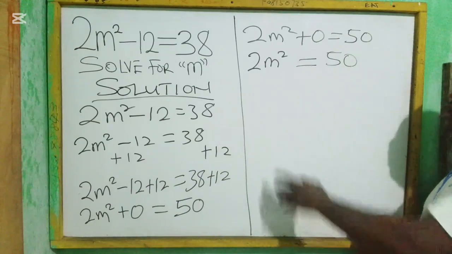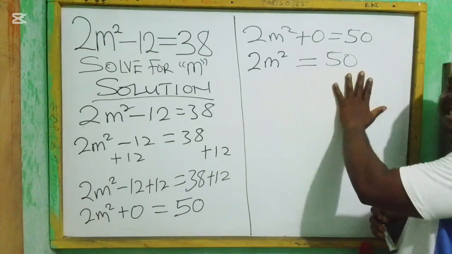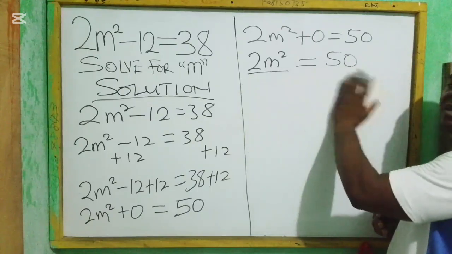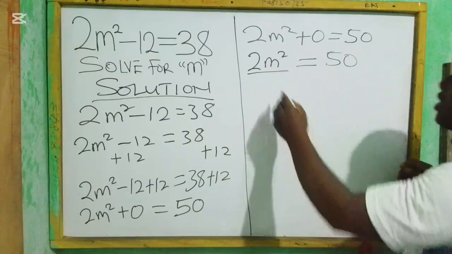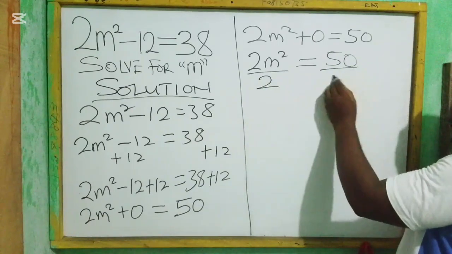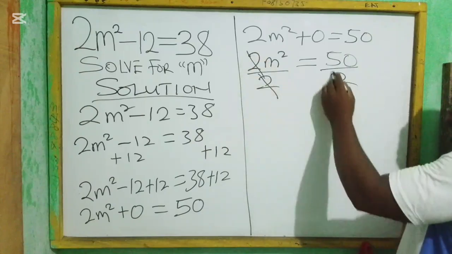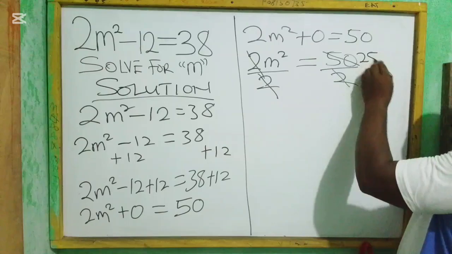This is what we do. We'll divide both sides by 2 so that we can cancel 2 out. So divided by 2, divided by 2. So that 2 cancels 2. And then this 2 goes into 50 how many times? 25.